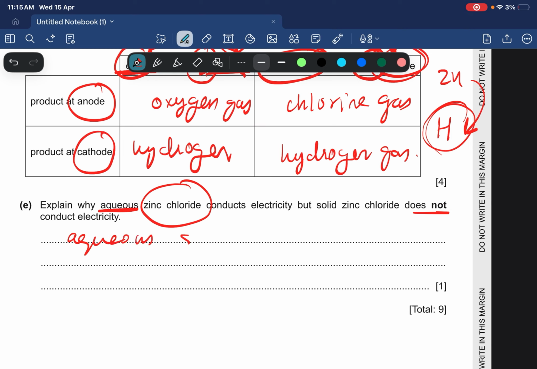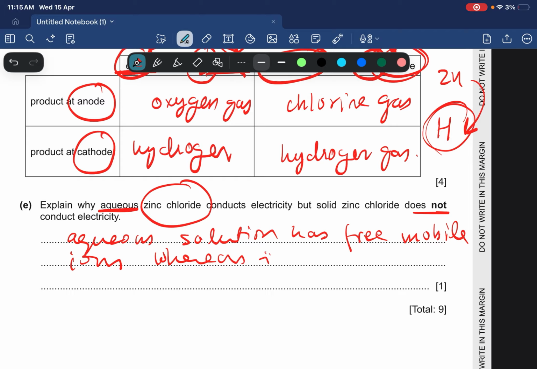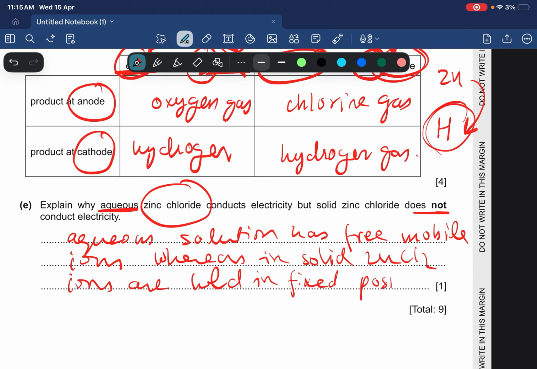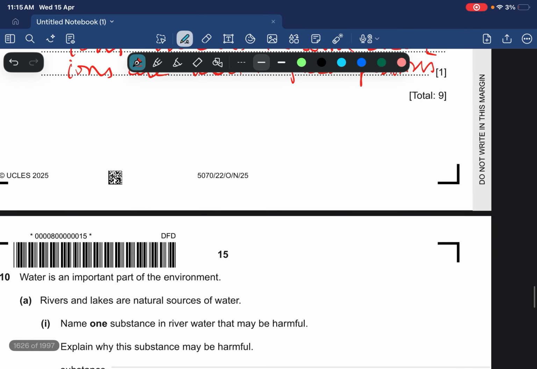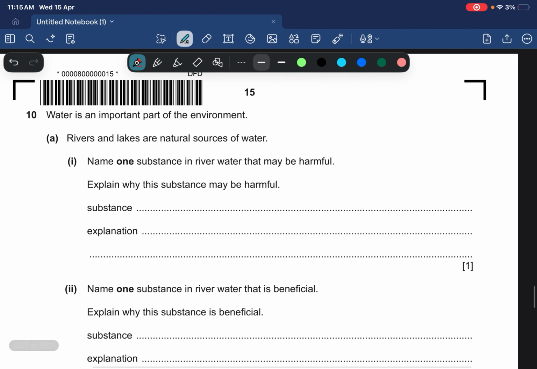Aqueous solution has free mobile ions, whereas in solid ZnCl2 ions are held in fixed positions, unable to move. Got it?